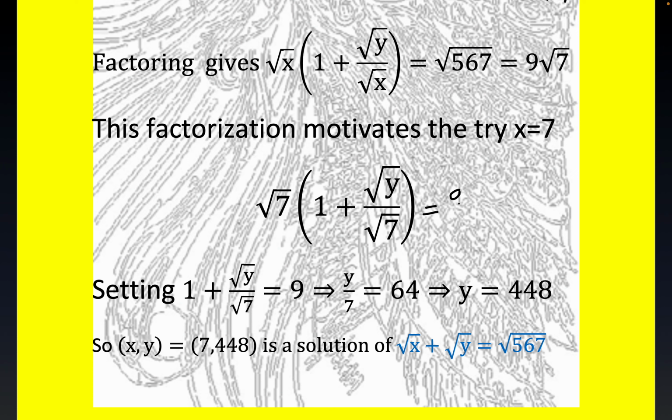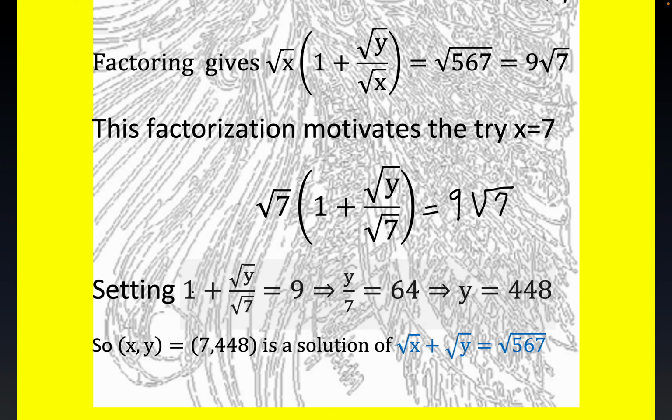Okay, folks, this original expression was equal to 567, and when we factored it, it's still equal to the factored form. Glad I caught that. When you divide both sides by root 7, you end up with this statement, and then simple arithmetic yields y is equal to 448.